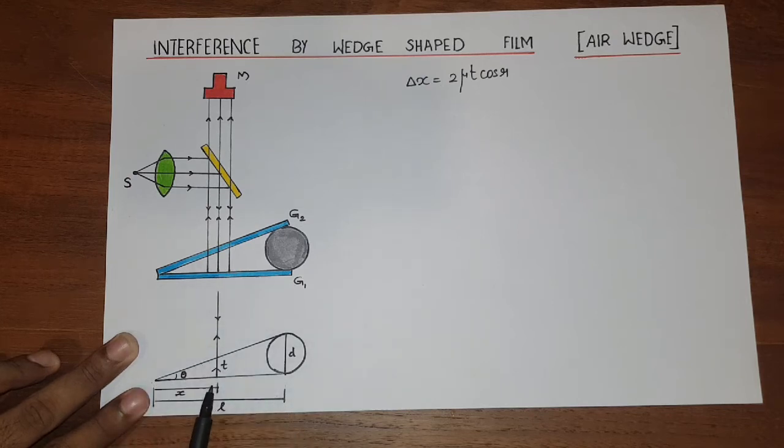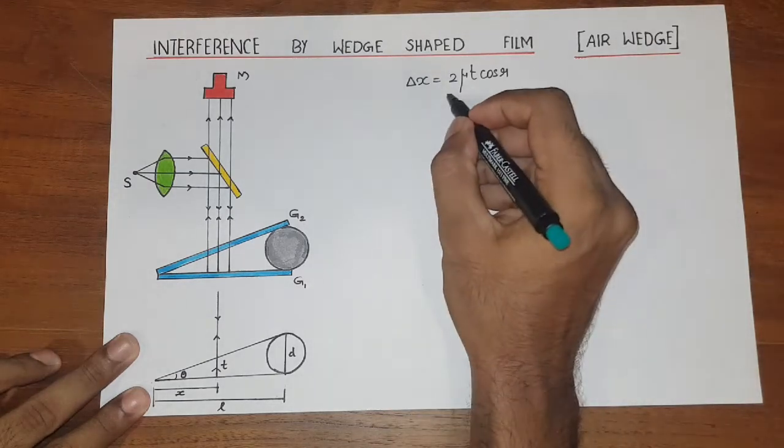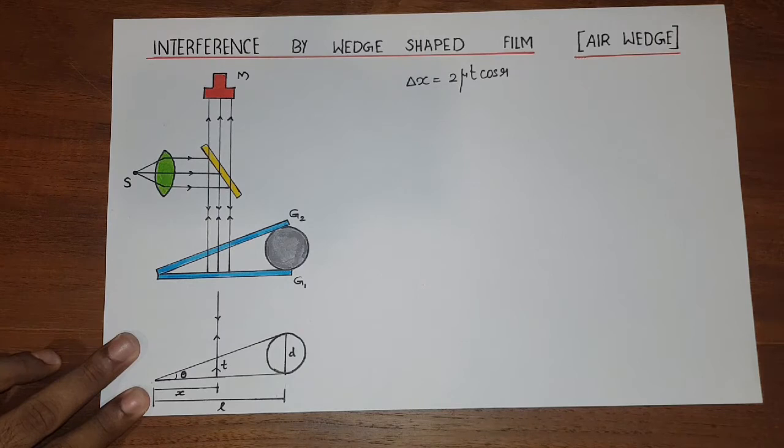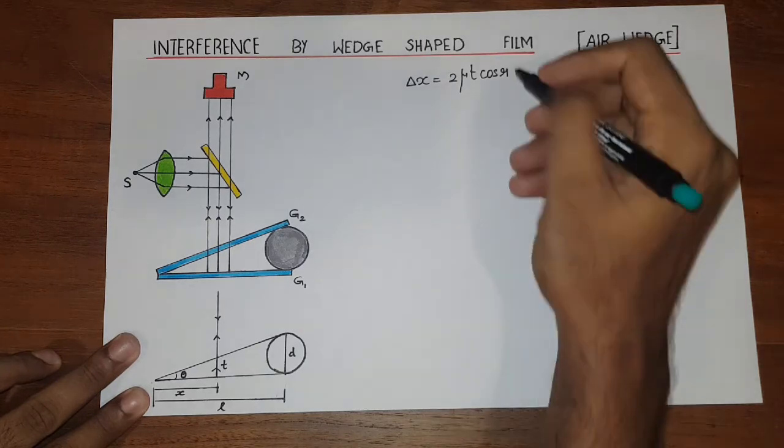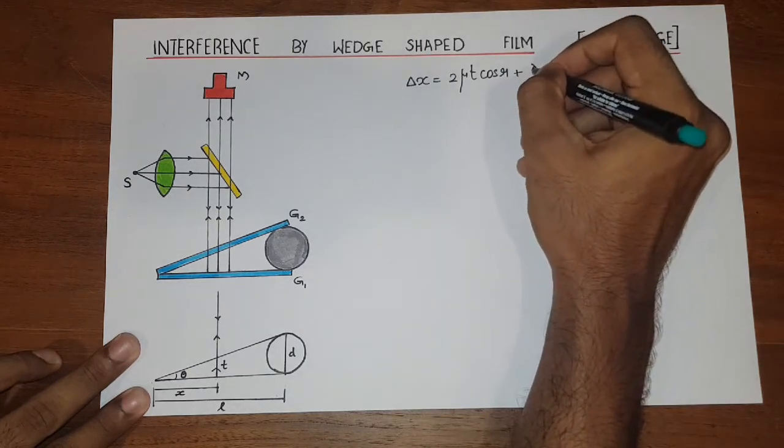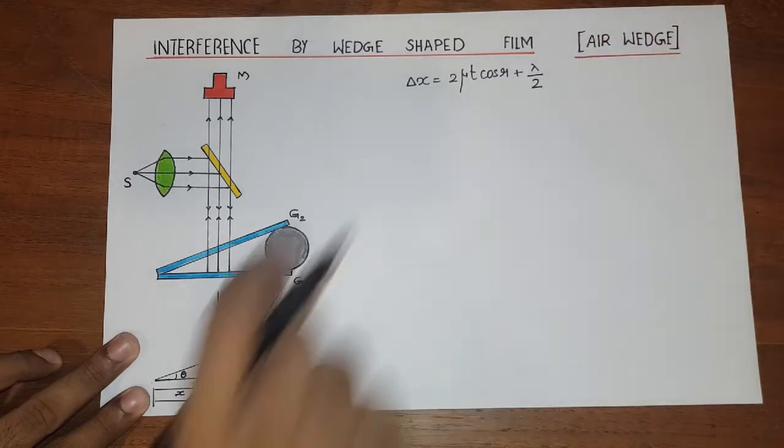So on getting reflected from the bottom surface, a phase change of 180 degrees will take place, or we can say that a path difference of lambda by 2 will be introduced in addition to this delta x. So how can we balance that? We just have to include that lambda by 2 path difference along with the usual path difference.